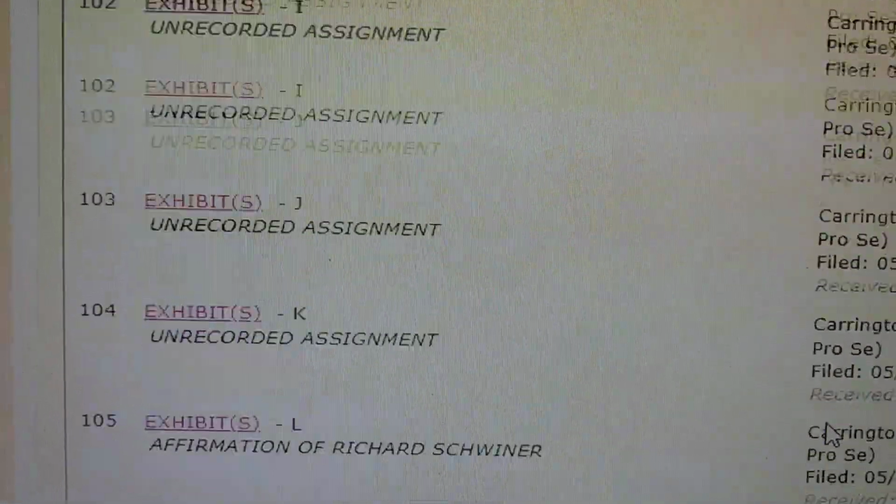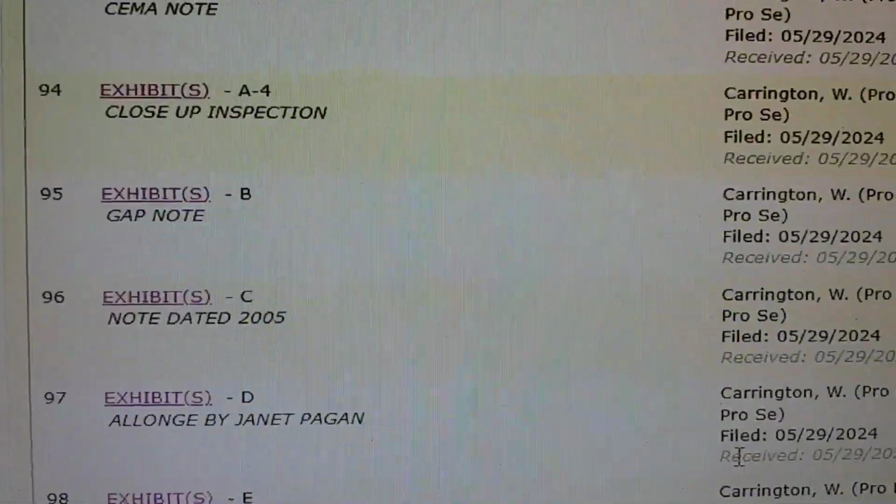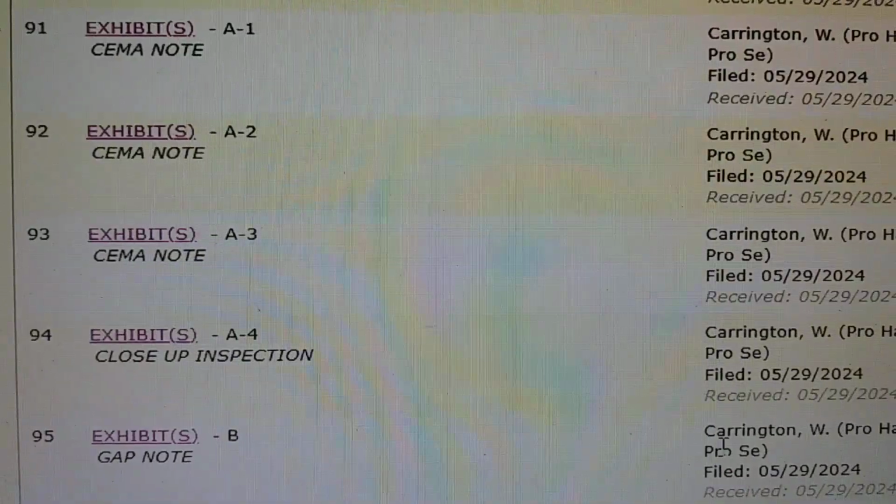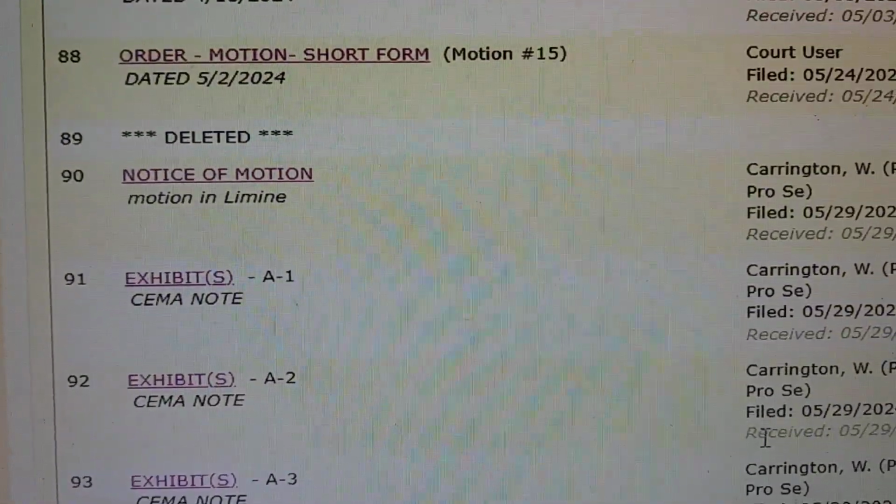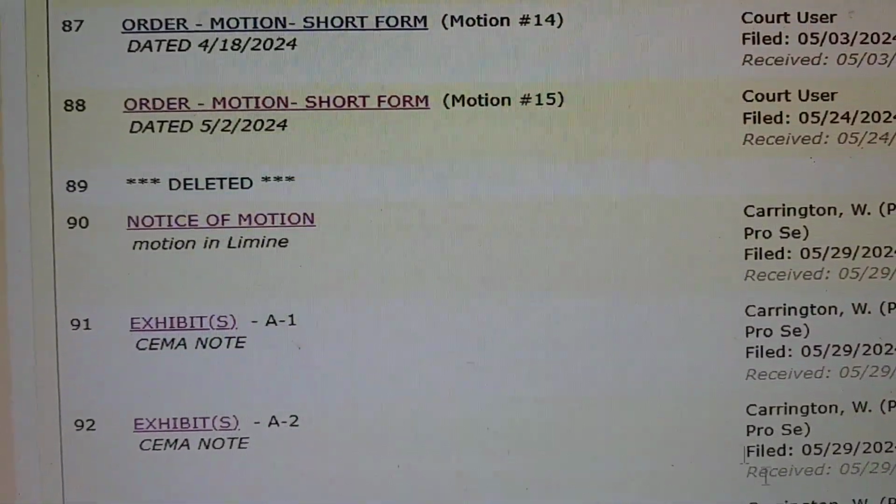So these are all the exhibits that go with that motion. Let's take a look at this motion in limine.